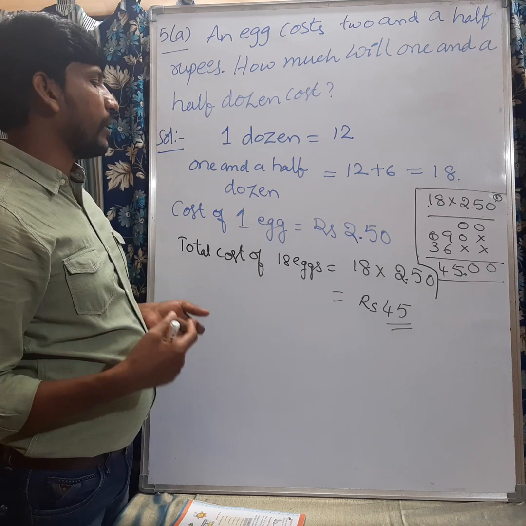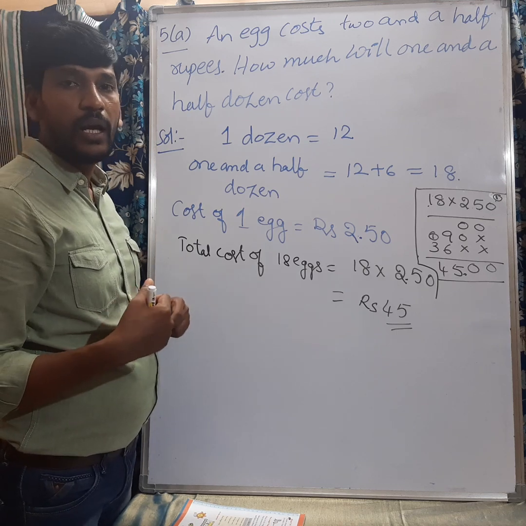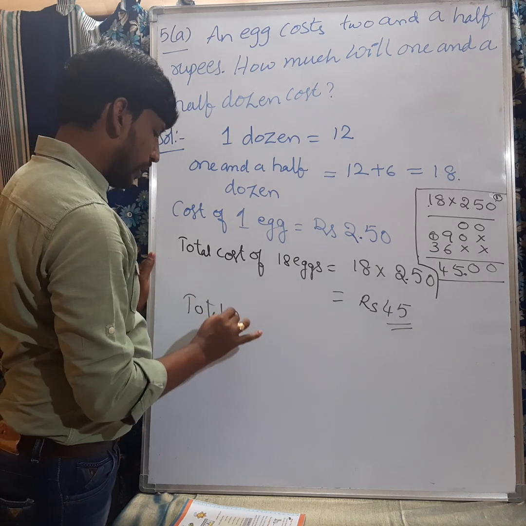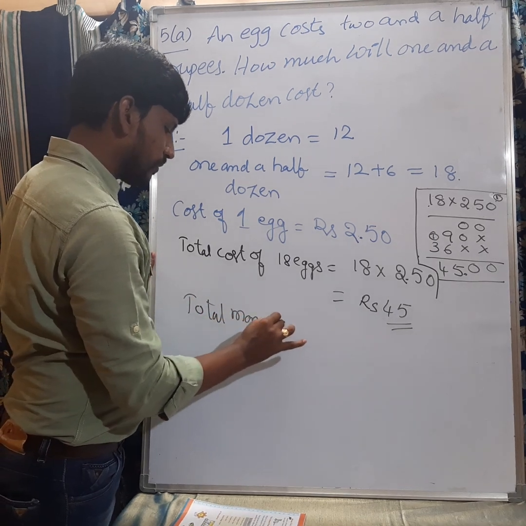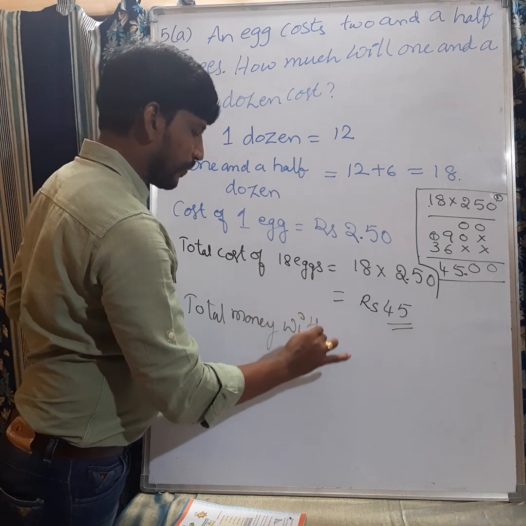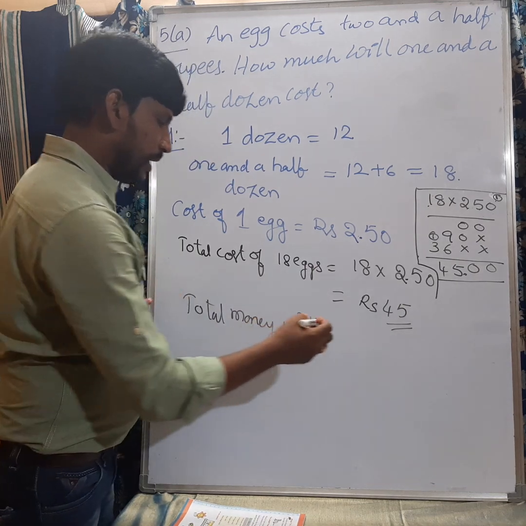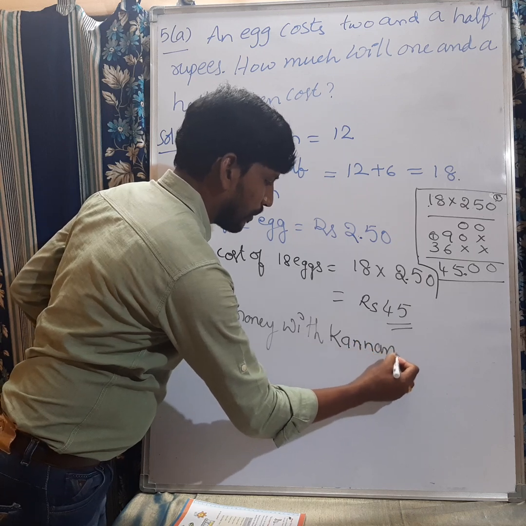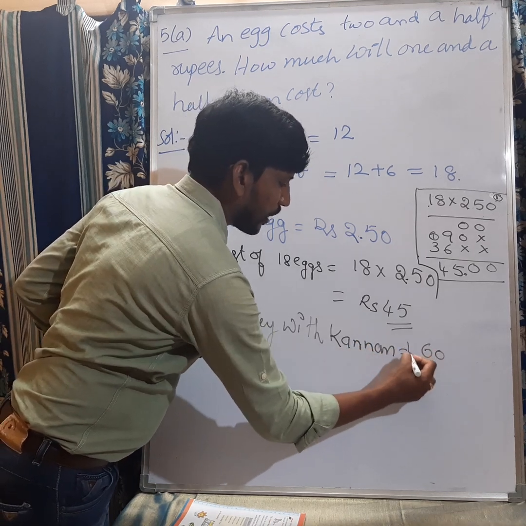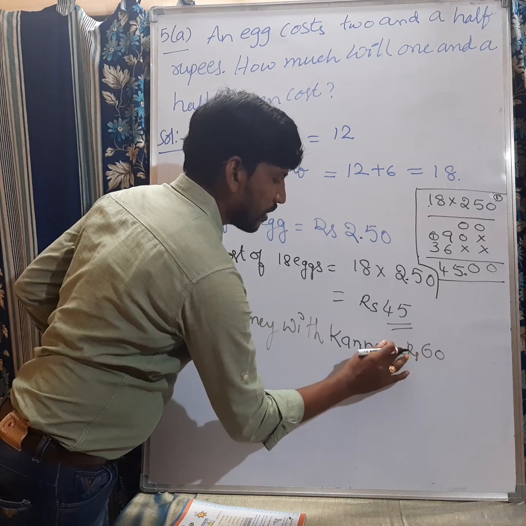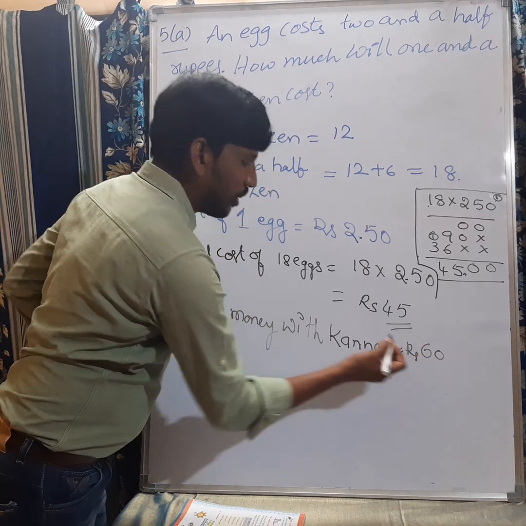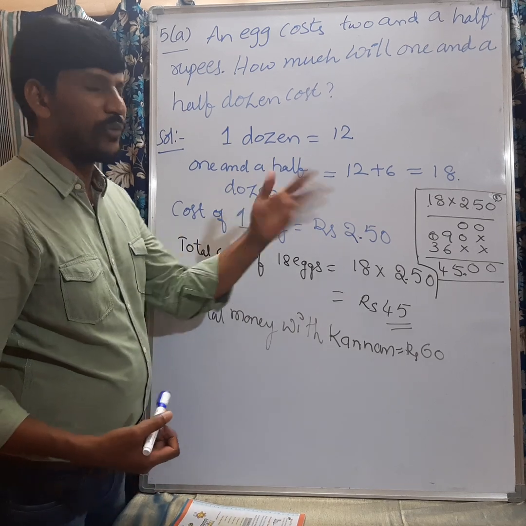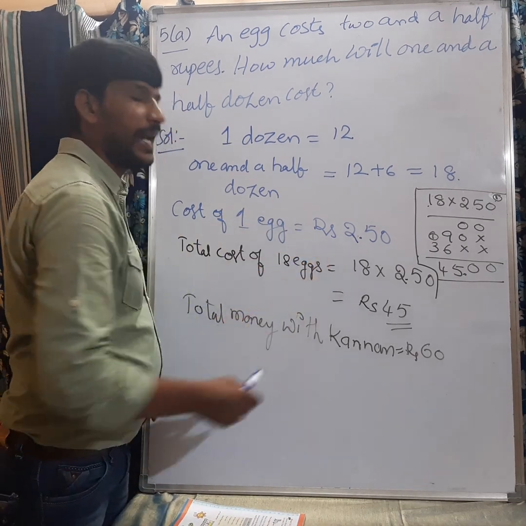Now how much money does Kannan have in total? Rupees 60. So out of 60 rupees, he gave 45 rupees to the shopkeeper because he bought 18 eggs.